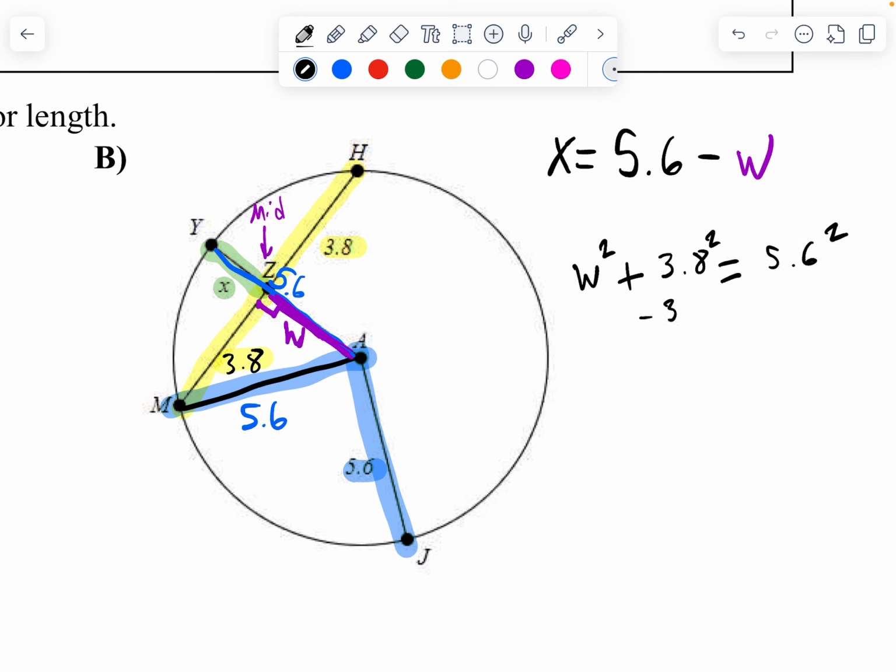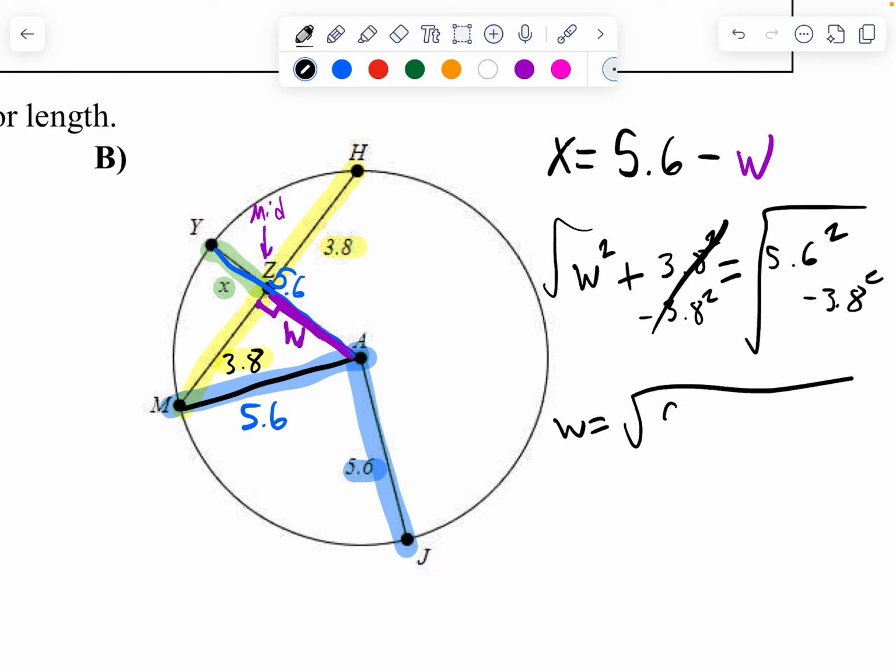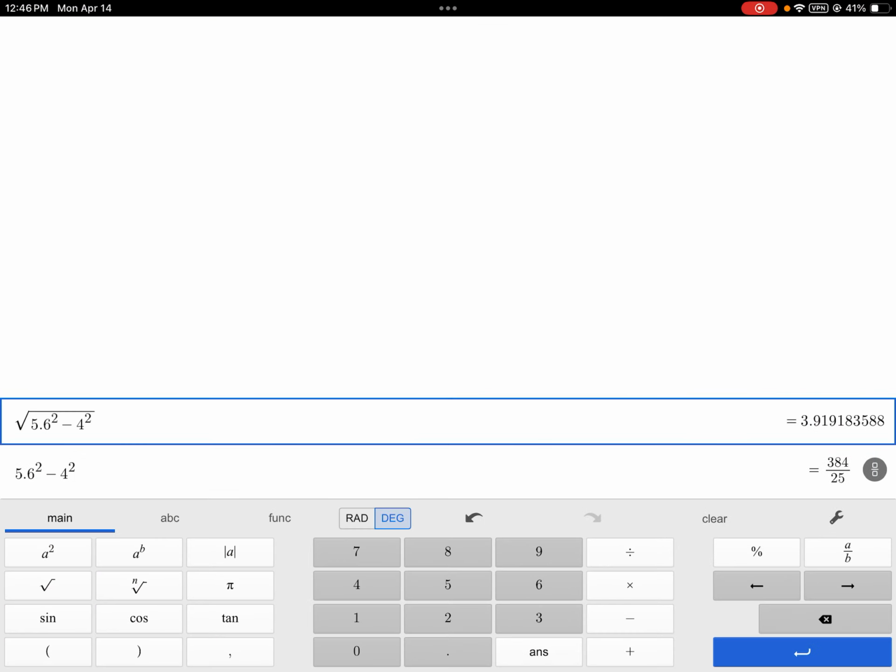I'm going to subtract that 3.8 squared, and take that square root. So W equals the square root of 5.6 squared minus 3.8 squared. Can't distribute the square. I'm just going to put that whole thing into my calculator.